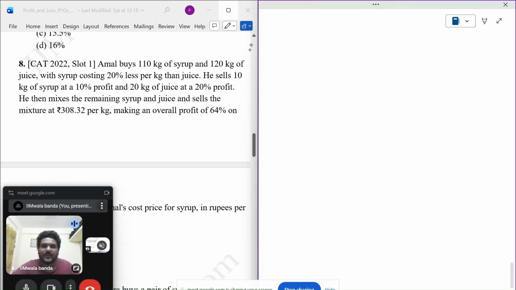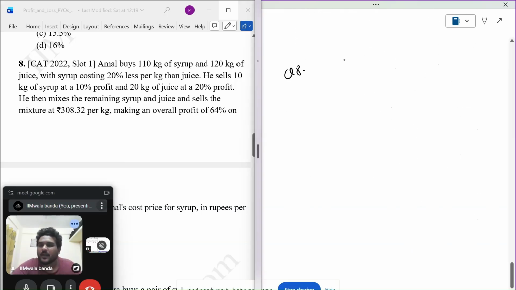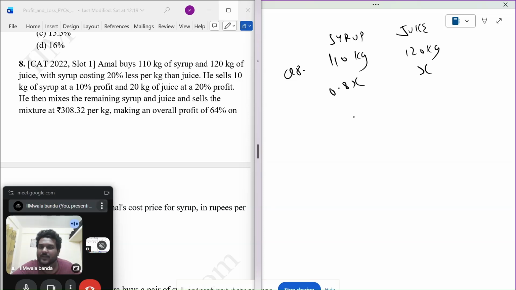Let's look at question number 8. Amal buys 110 kgs of syrup and 120 kgs of juice, with syrup costing 20% less per kg than juice. Let this be x, this will be 0.8x, right? 20% less than x.